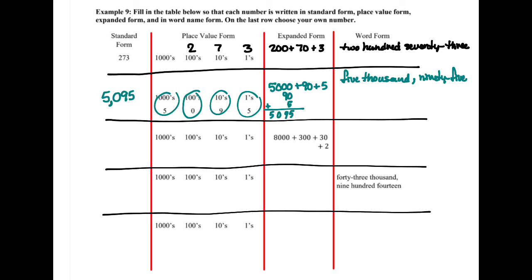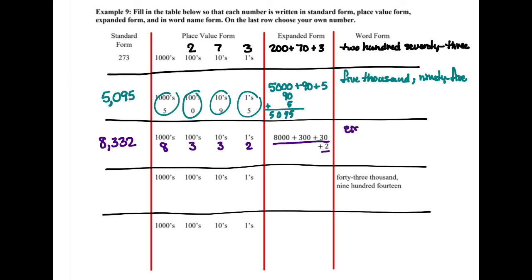Okay, all right, next line. We have 8,332. Wow. Okay, so 8,332, which means you're saying it the same way every time. You're just putting it in a different form.